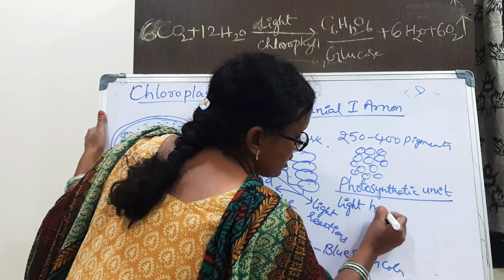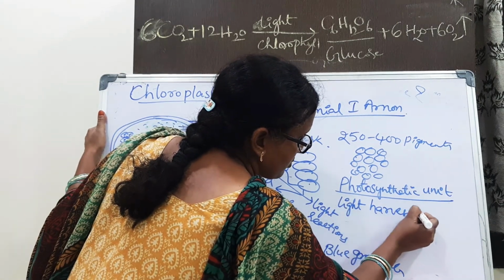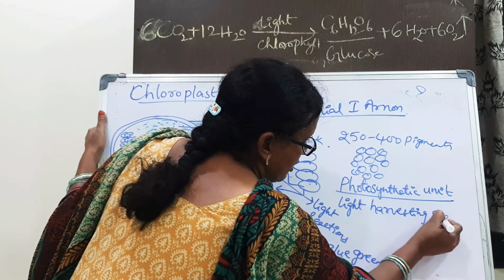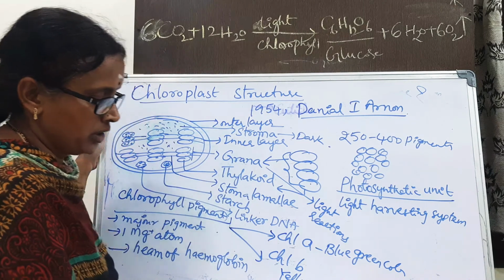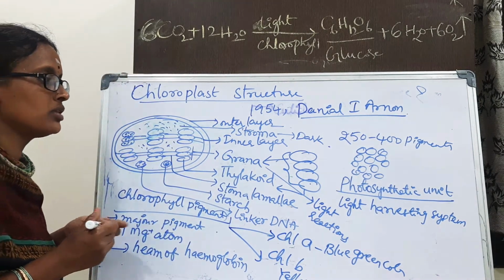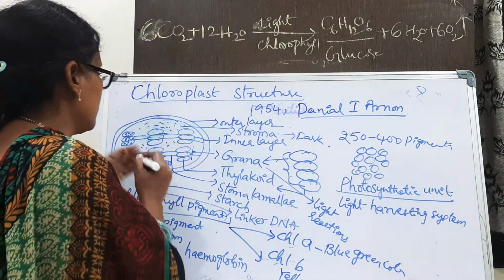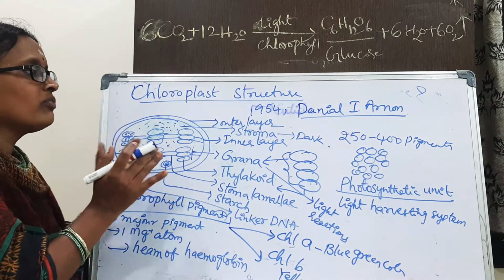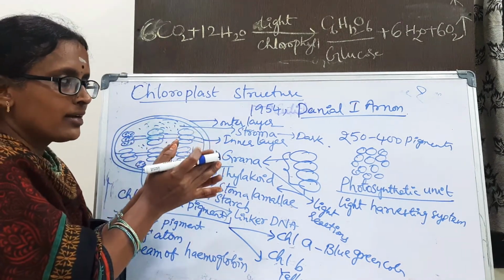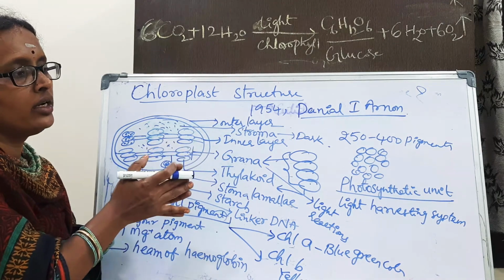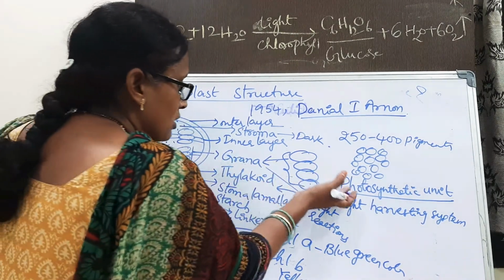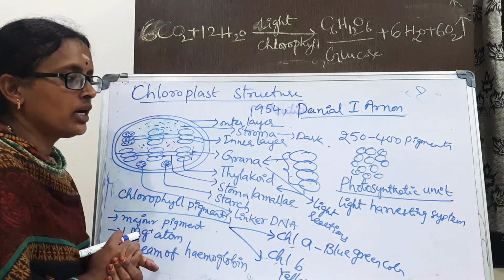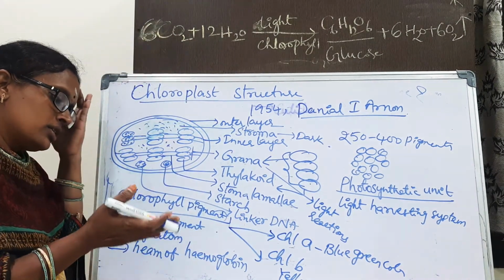The light harvesting system, or photosynthetic unit, is present in the grana.